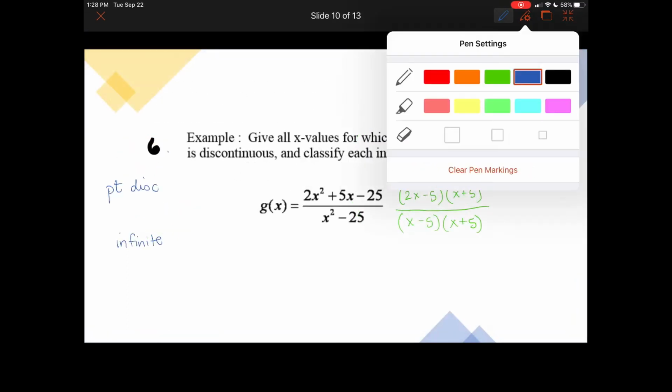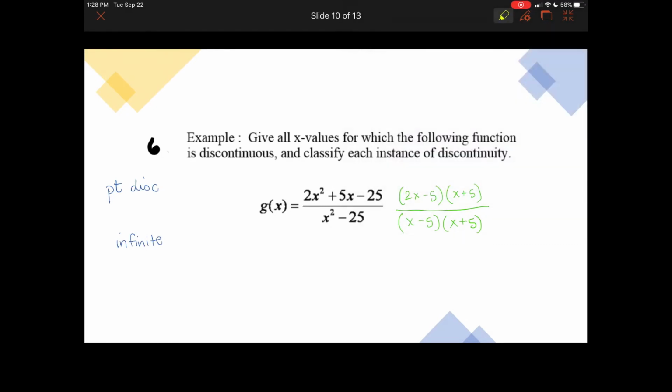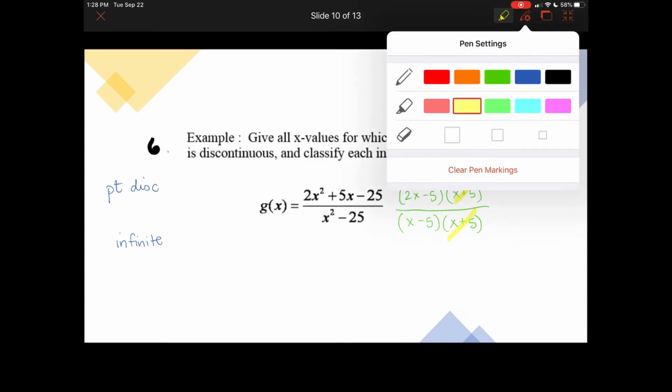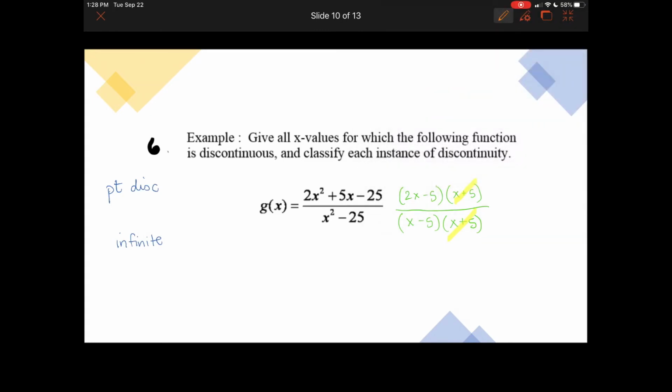So if we looked at this example, we would perform the same operation. We would factor to find all of our points of discontinuity. And when we did that, we would see that these two terms canceled. And when those two cancel, that leaves us with point discontinuity. So we find that there's point discontinuity when x is negative 5. And then that leaves us with that bottom term. So we've got 2x minus 5 over x minus 5.